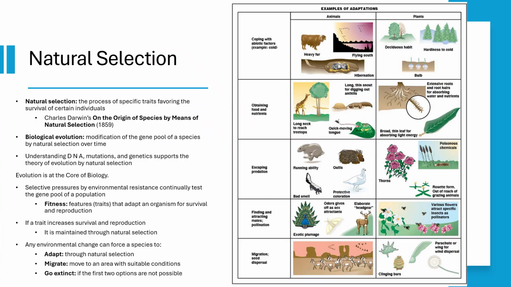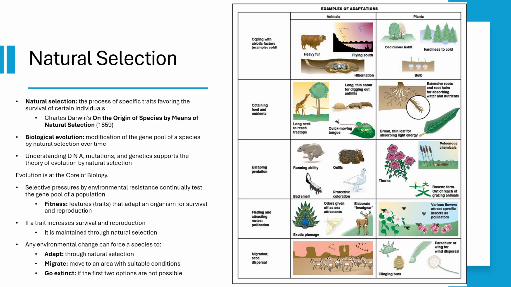So natural selection is the process of having specific traits favoring the survival of certain individuals. Those traits are passed on to the next generation. Charles Darwin explained to us how it works.